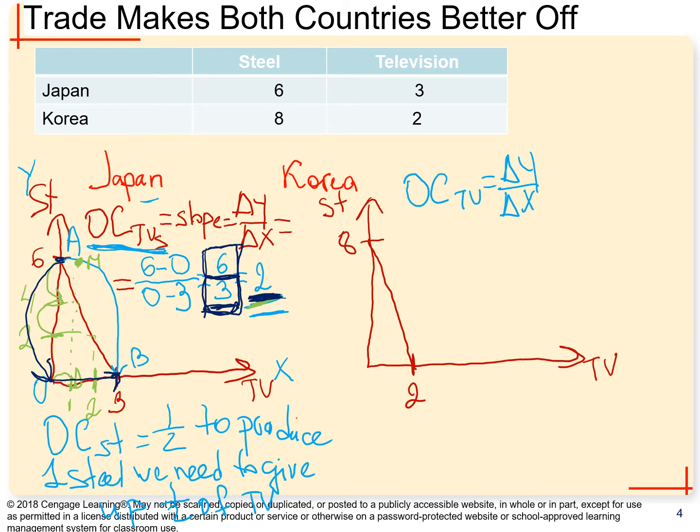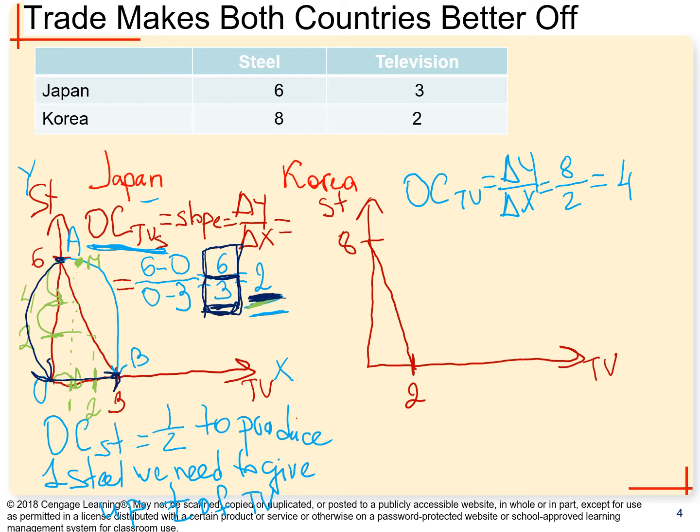This is a common mistake that students make all the time on the test. So what is my delta y? Delta y is 8. Delta x is 2, and therefore opportunity cost of TV is going to be equal to 4 units in Korea. I'm going to write this down. What does it mean?